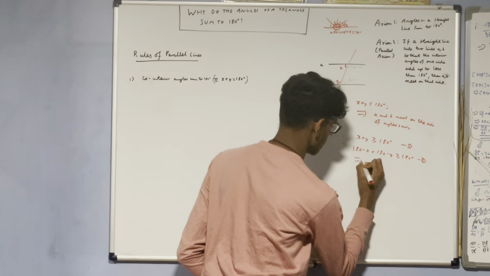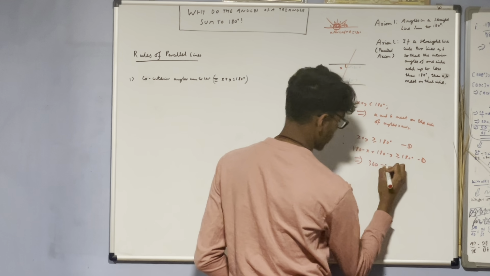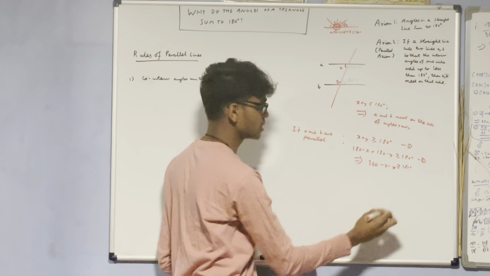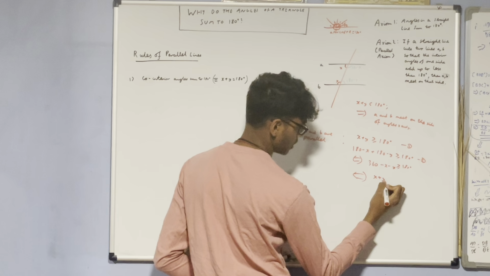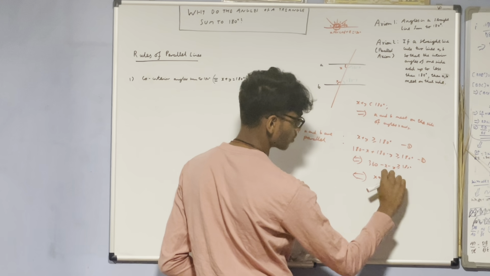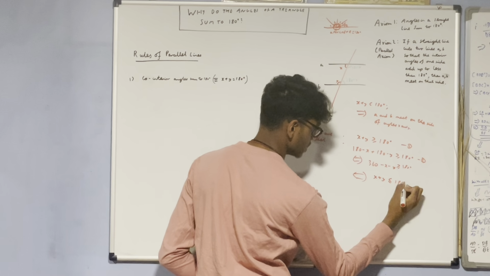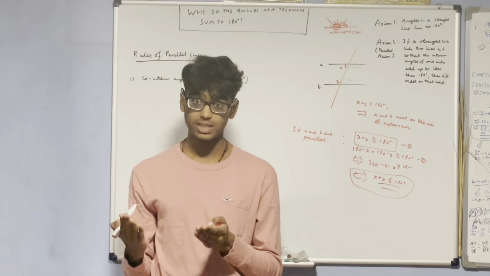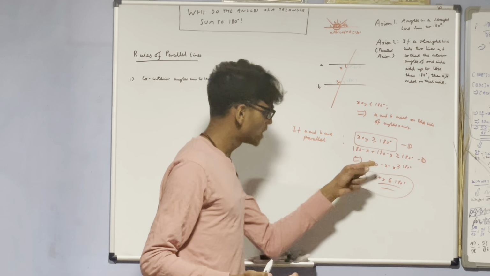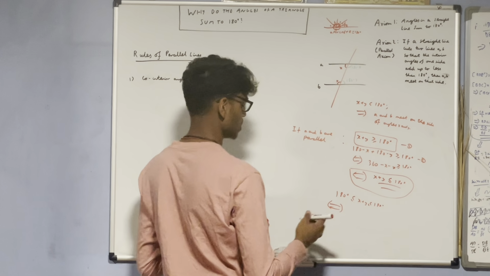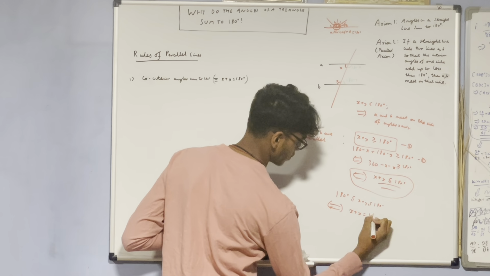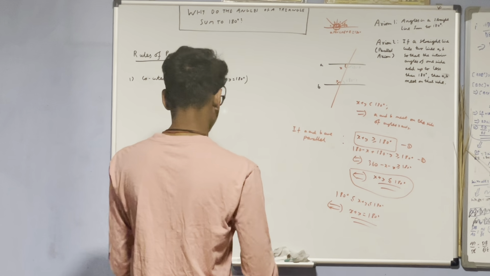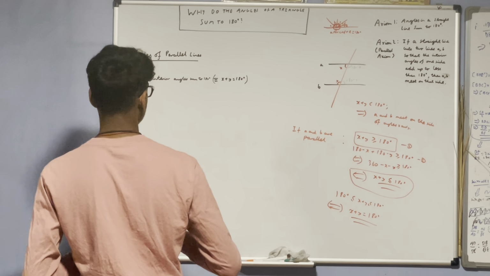And so if I rearrange, this implies that 360 minus X minus Y is greater than or equal to 180 degrees. I should add, X plus Y, because we move those across to the other side, is less than or equal to 180 degrees. So we've got two identities. X plus Y is greater than or equal to 180 degrees, but also X plus Y has to be less than or equal to 180 degrees. The only solution to this is X plus Y equal to 180 degrees. This implies that co-interior angles do sum to 180 degrees.